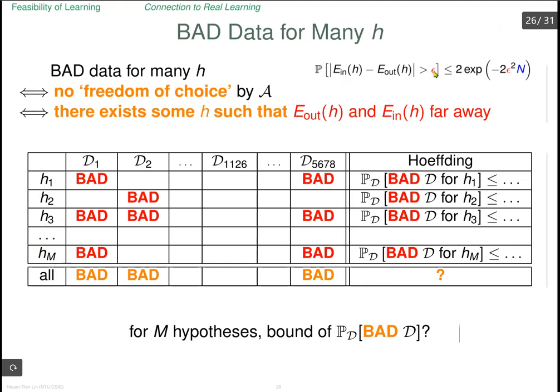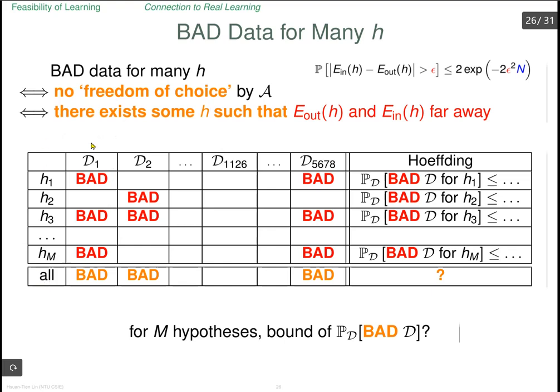A lot or some of them, okay? If we list all of these given the data set that we have and the hypotheses, we'll have bad samples. And then we sum all the bad samples, and then we extend to M hypotheses.